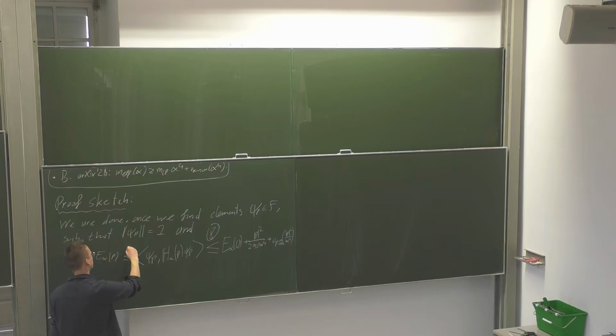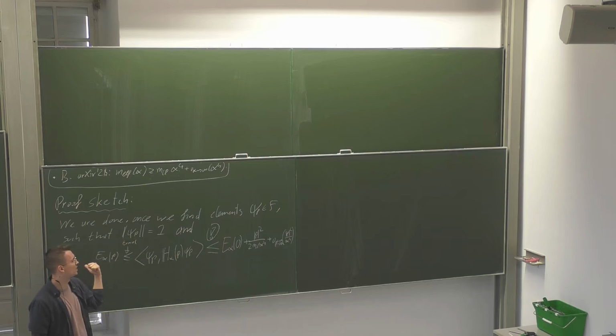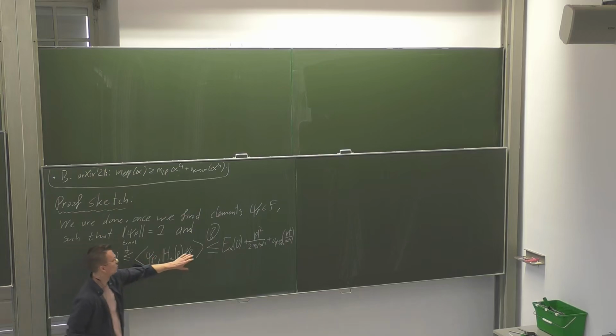So let me just emphasize this is trivial. And this is the non-trivial inequality. And now if you just juggle the terms around, you subtract E alpha of 0, you put it on the other side, you massage this term, you see immediately this inequality is equivalent to the lower bound in the Landau-Pekar conjecture. So once we have proven this inequality, we immediately get this result.